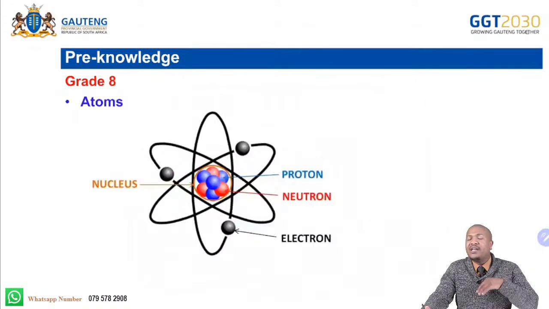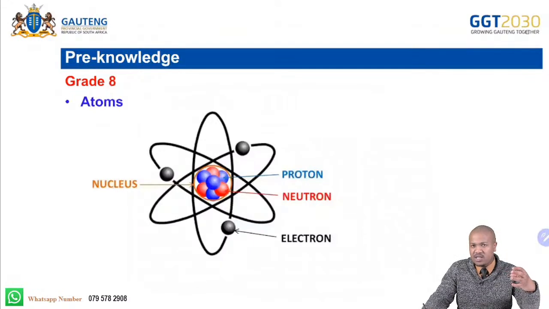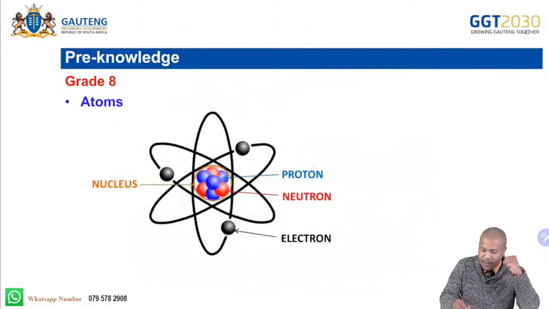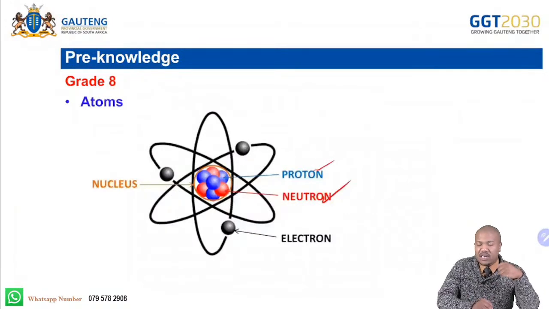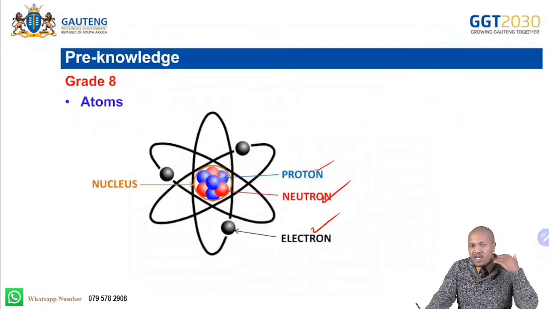Everything that occupies space and has mass is made up of tiny particles called atoms. These atoms are made up of subatomic particles, which are the protons that are positively charged, the neutrons that are neutrally charged, and the electrons that are negatively charged.